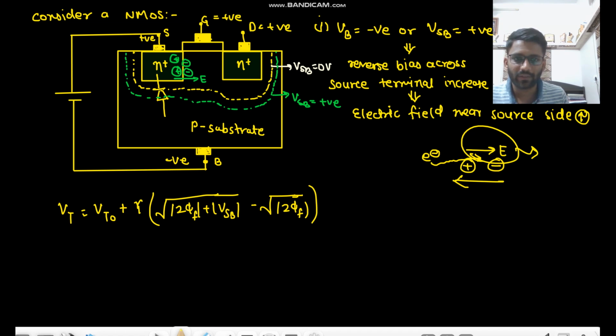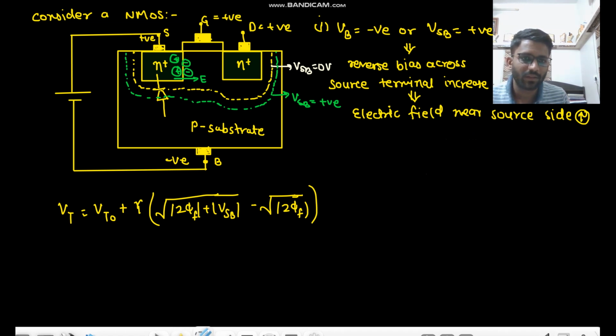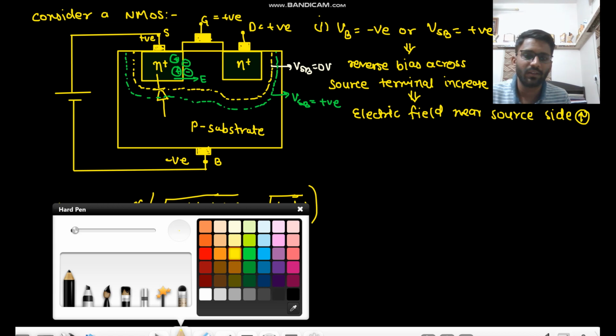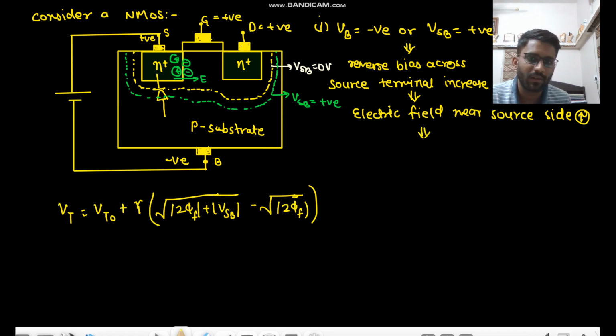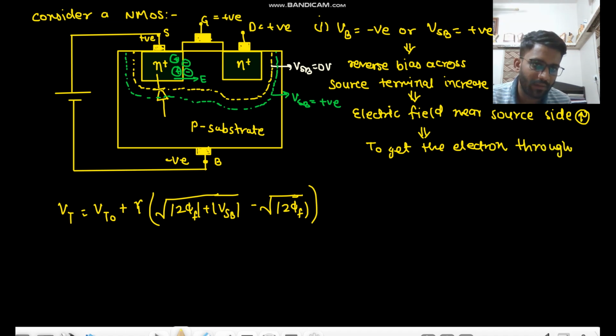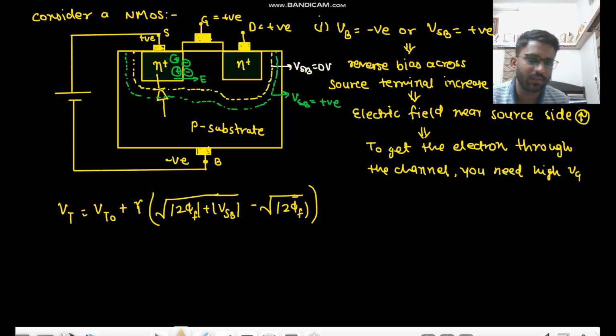And if you need to apply more VGS, that means your threshold voltage will increase. So the electric field near the source side increases. To get the electron through the channel, you need a high Vg.